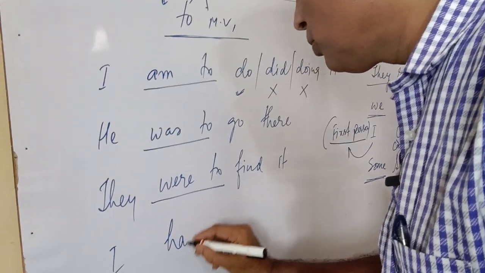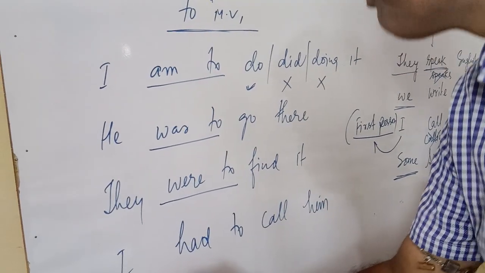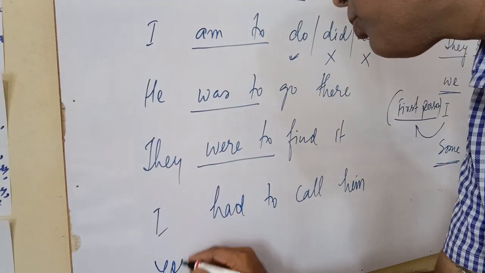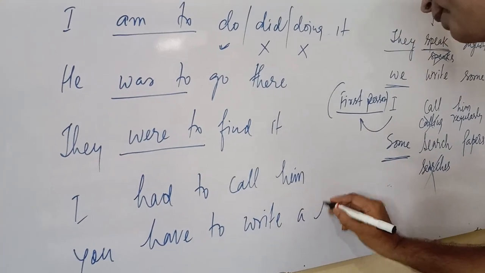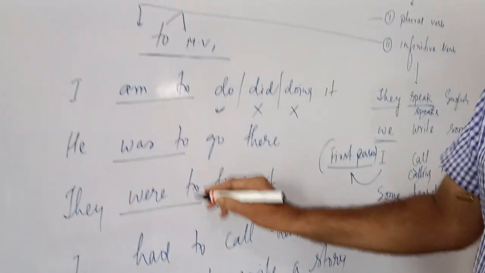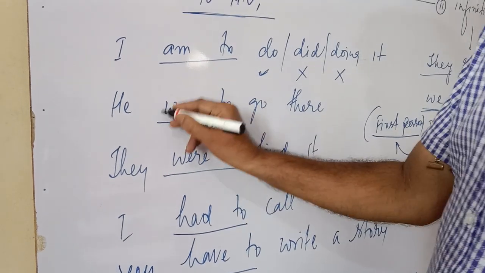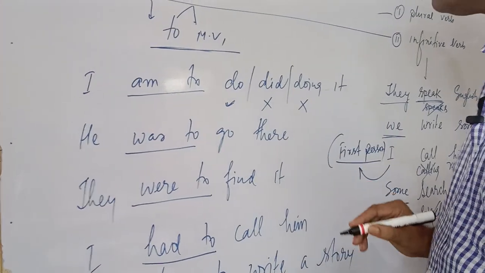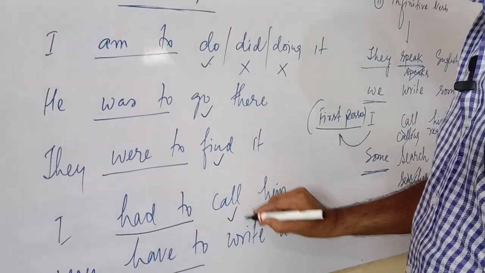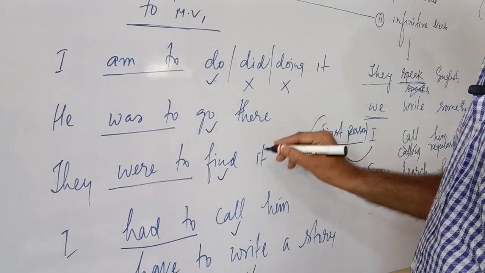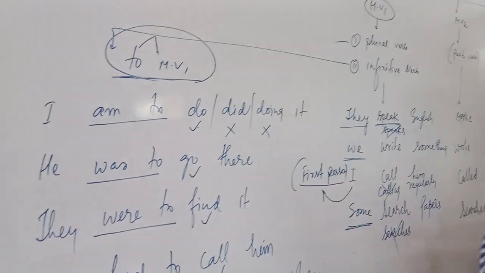I had to call him. You have to write a story. Friends, look at the uses of had to, have to, were to, am to, is to, are to, was to. You are not changing the form of the word. Main verb 1 is applied here. If you use any other form of verb, your sentences will be wrong. That's why it's also called the infinitive form of verb.